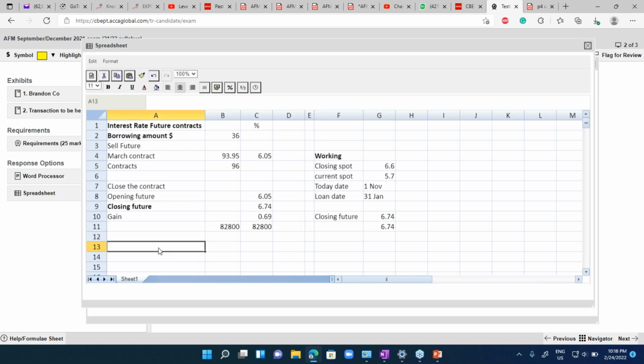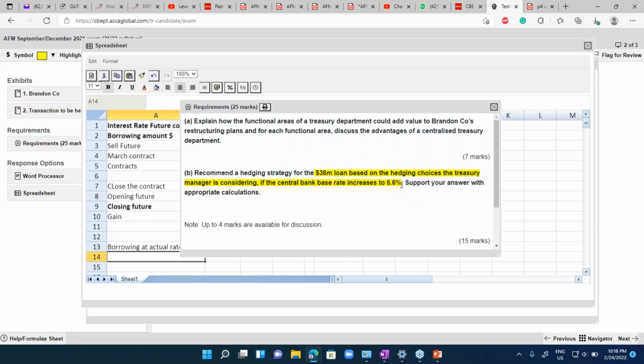Last step will be borrowing at the actual rate. Closing spot rate is given in the requirement, 6.6.